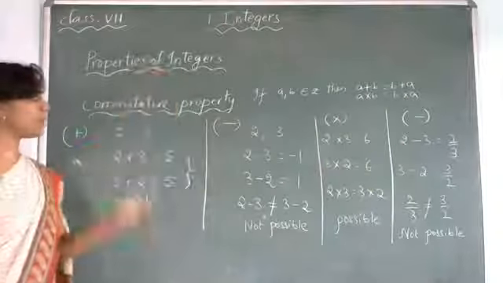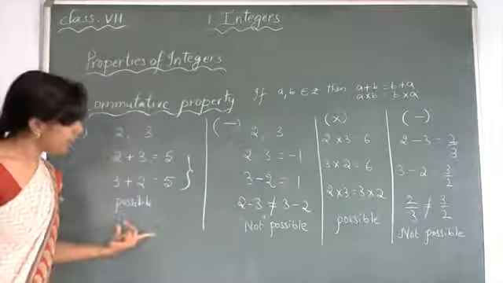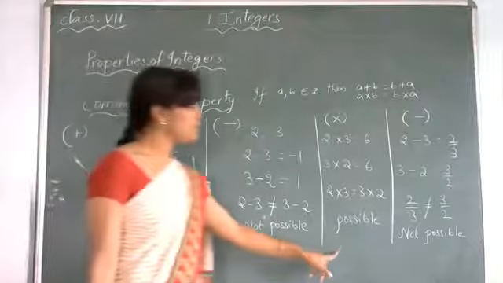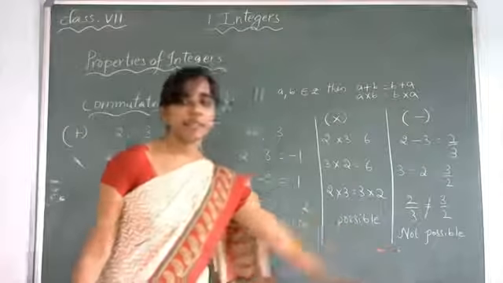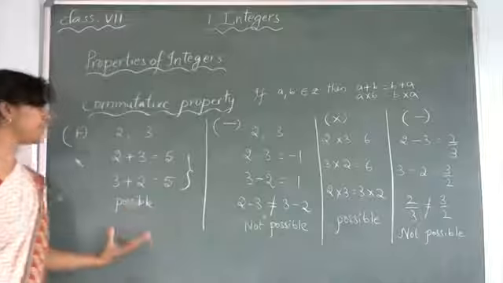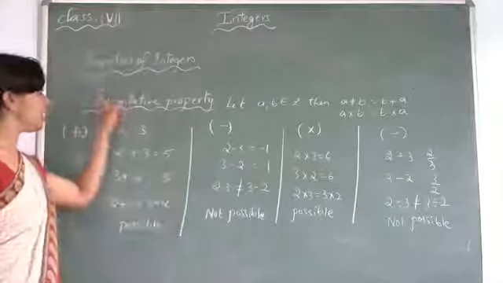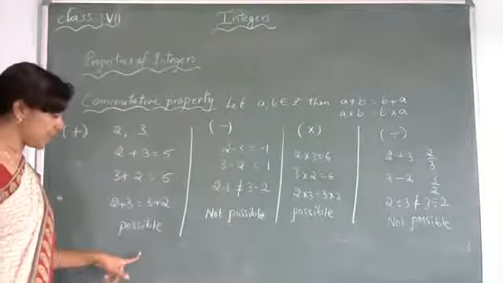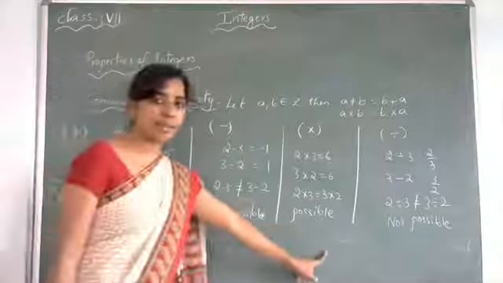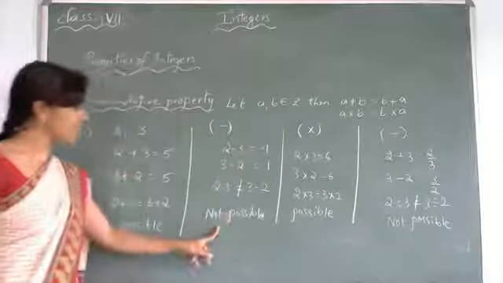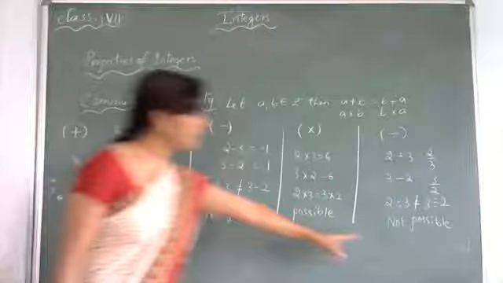So the commutative property satisfies under addition and under multiplication, but it won't satisfy under subtraction and division.